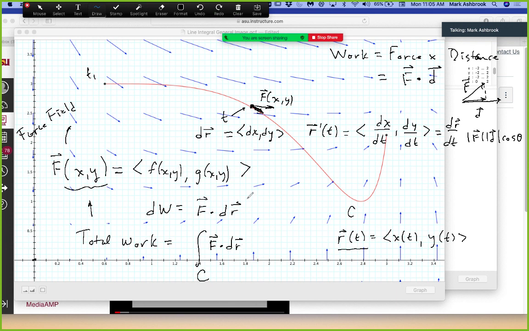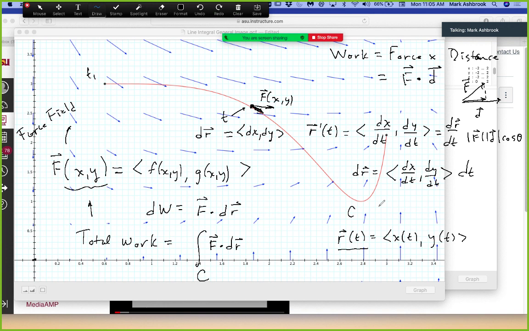What is dr? We said dr is dx, dy. So if dr/dt is dx/dt, dy/dt, then dr is going to be dx/dt, dy/dt times dt. Right? So to solve for dr here, I can just multiply up dt.